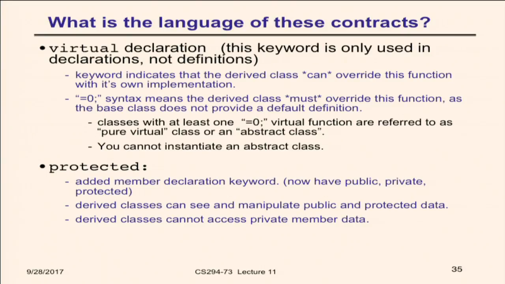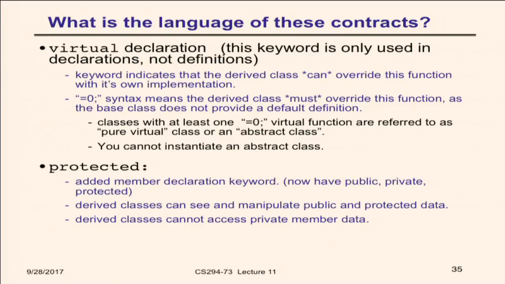So what is the language of these contracts? The virtual declaration says that your derived class can override this function. With equal to 0 says the derived class must provide an implementation because the base class doesn't have one. Classes with at least one equal to 0 are called pure virtual or abstract classes. You cannot build an FFT1D as defined here because there are two functions that are not defined.